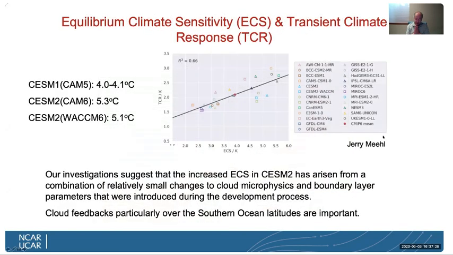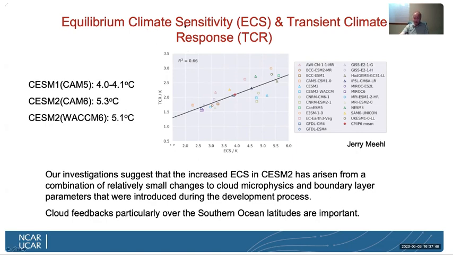One of the important emerging properties of the climate system in these simulations is the so-called equilibrium climate sensitivity. You may have heard of this by now. Many of the newer versions of the coupled models are showing larger equilibrium climate sensitivity.